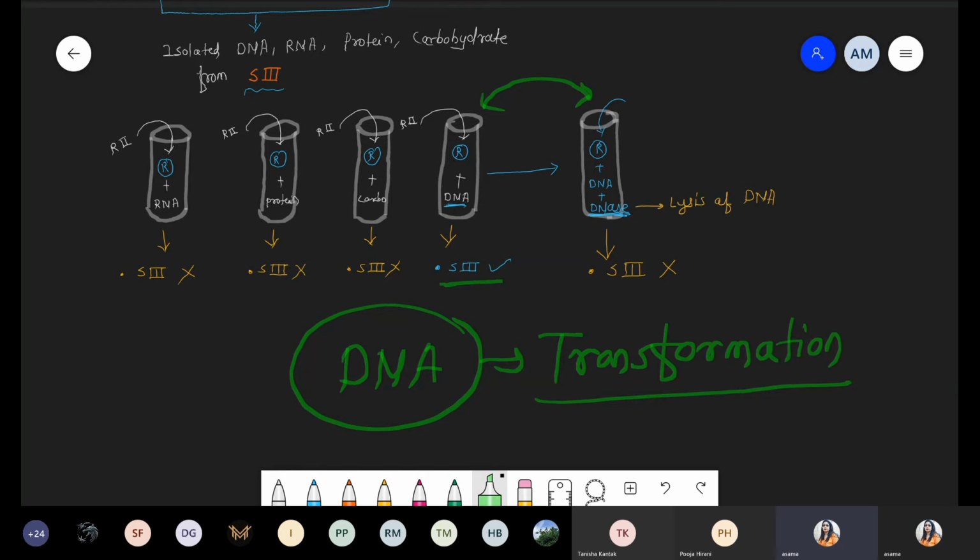So now the same experiment is proved by the third experiment, that is the Hershey and Chase experiment. Now Hershey and Chase used experimental material bacteriophage. They used viruses. Got it? So now next and the last point with respect to genetic material, the third experiment we are talking about.